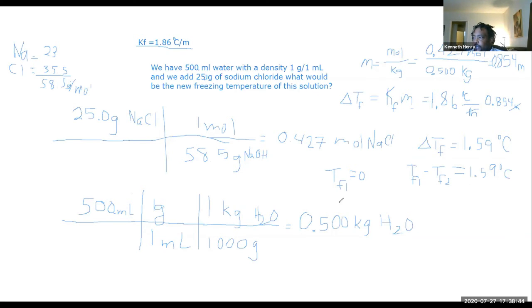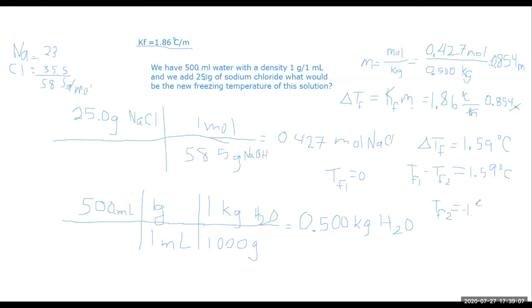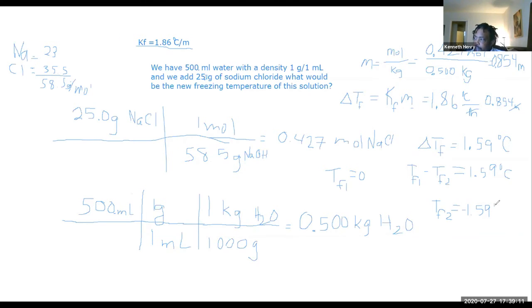So if TF1 is 0, can we solve for TF2? Yeah. Okay, what is it? Negative 1.59.